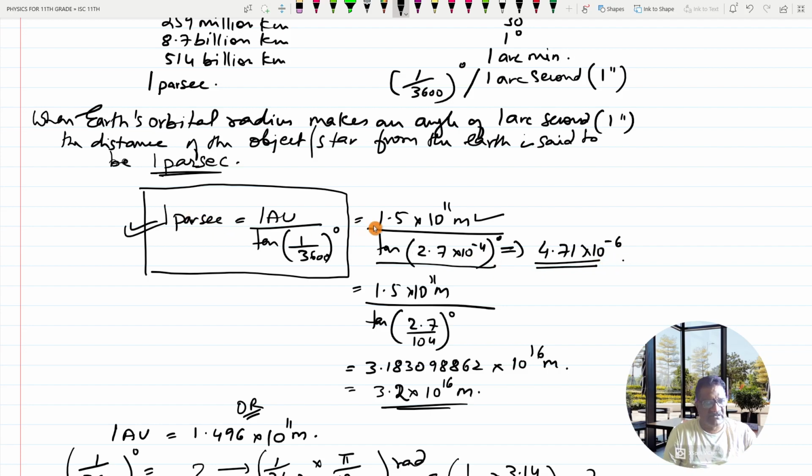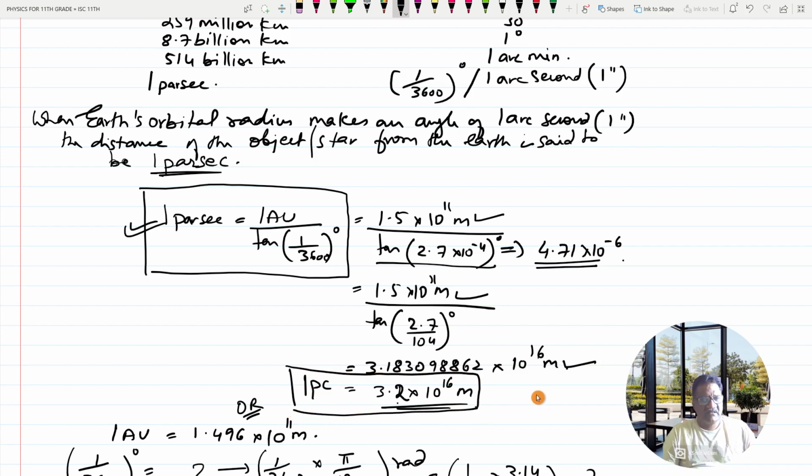So your 1 parsec will be equal to 1.5 into 10 raised to 11 meters divided by tan of this angle, and this whole calculation will work out to 3.1830 and so on into 10 raised to 16 meters. If you shorten and write it down, it will be 3.2 into 10 raised to 16 meter. So 1 PC is equal to 3.2 into 10 raised to 16 meter.